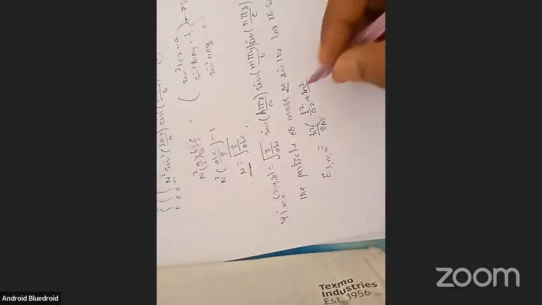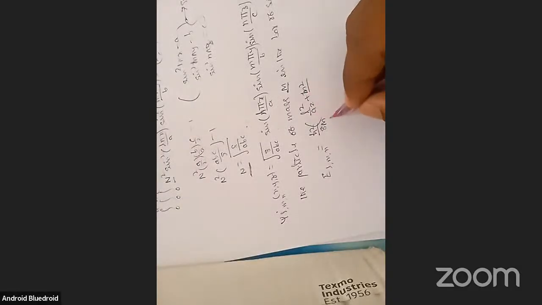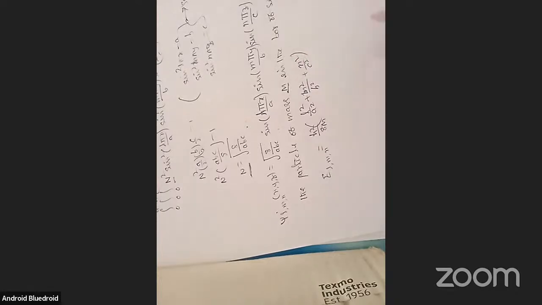Okay. So h square by 8m bracket l square by a square plus m square by b square plus n square by c square. Here l, m and n are integral values greater than 0, called quantum numbers. For the typical value a equal to b equal to c, a square is equal to b square equal to c square.